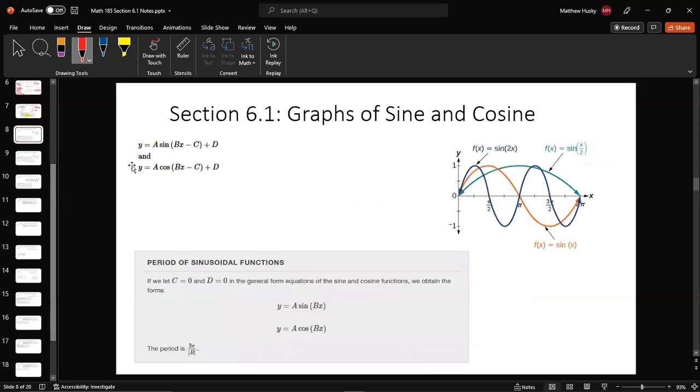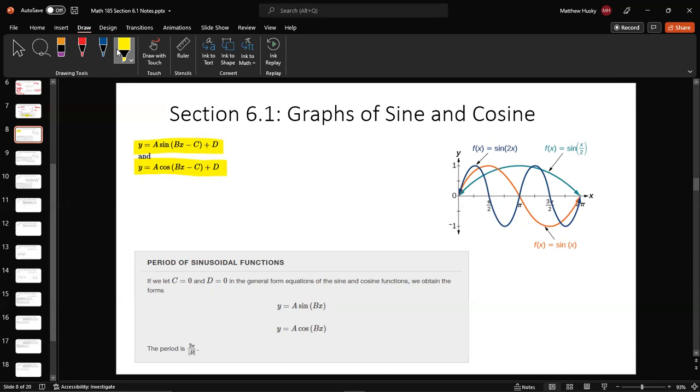So the general formula that we're going to be looking at, depending on which function you're using as your starting point, has some number A that's multiplied in front. You've got a number B that's multiplied inside the trig function itself.